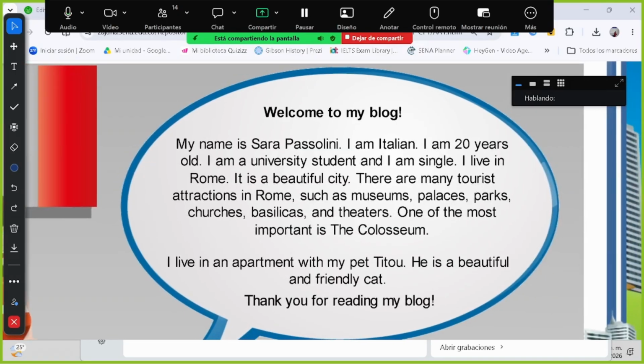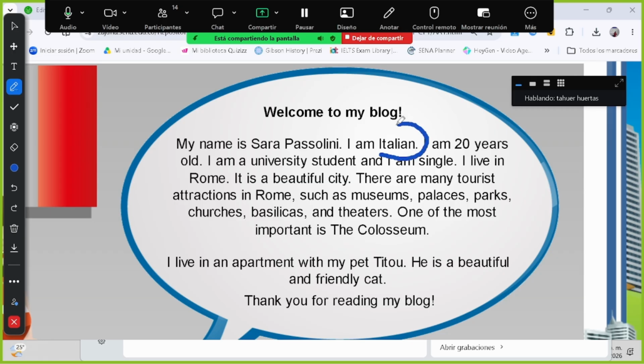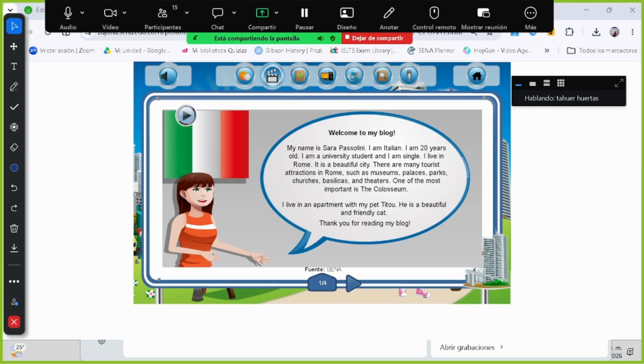Look, nationalities, occupations, the article, places, what else? Well, subject pronouns, object pronouns. Yes, this is the context. This is an example of the topics. And obviously here you can listen to all the audios.